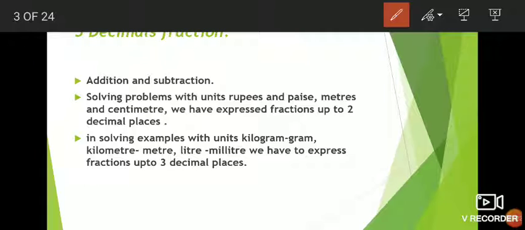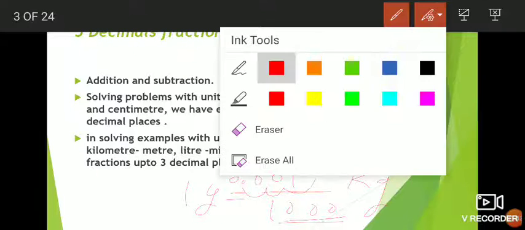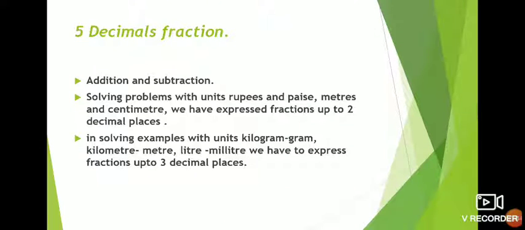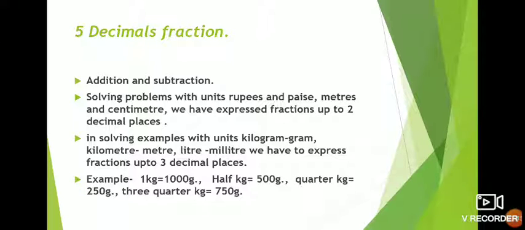That is, see, 1 gram is equal to 1 upon 1000 part of 1 kg. Okay, here after 1, 3 zeros are there, so we have to take 3 digits from the right to the left, 1, 2, 3, that is 0.001 kg. Okay, so that is the example I just told.